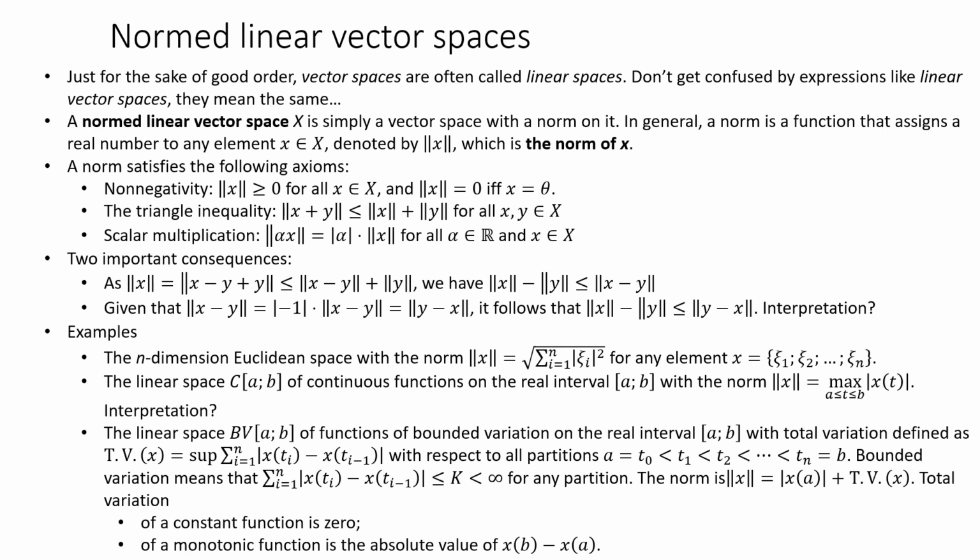A norm satisfies three basic axioms: non-negativity, the triangle inequality, and scalar multiplication. We have two important consequences. One is related to the difference between the norms of two points in a vector space, and the other is quite trivial.